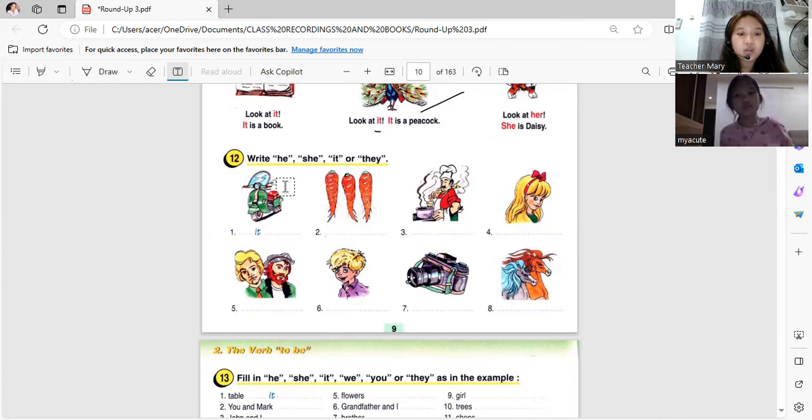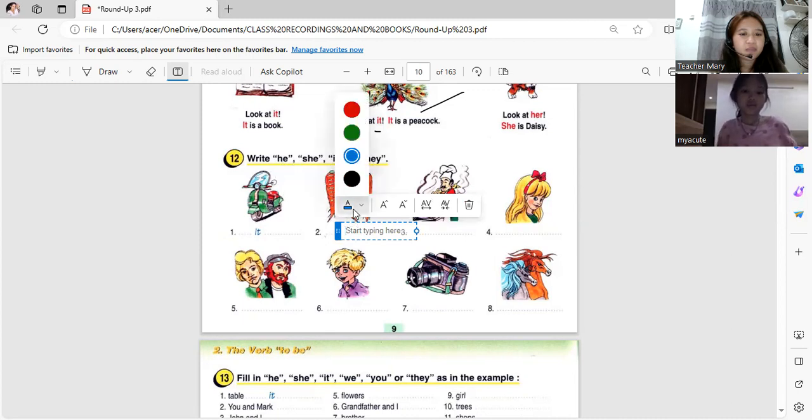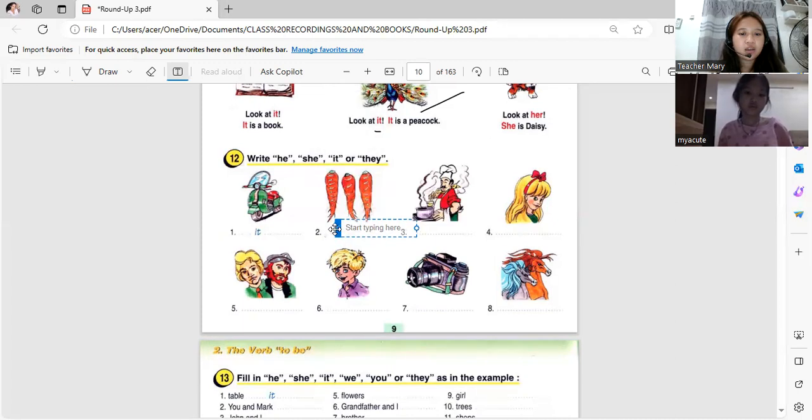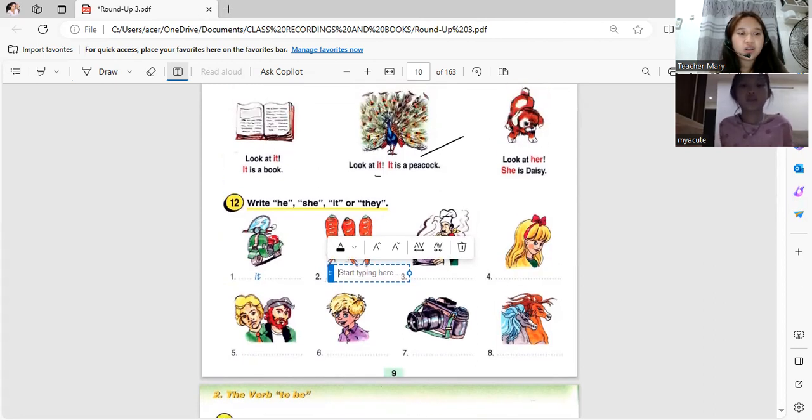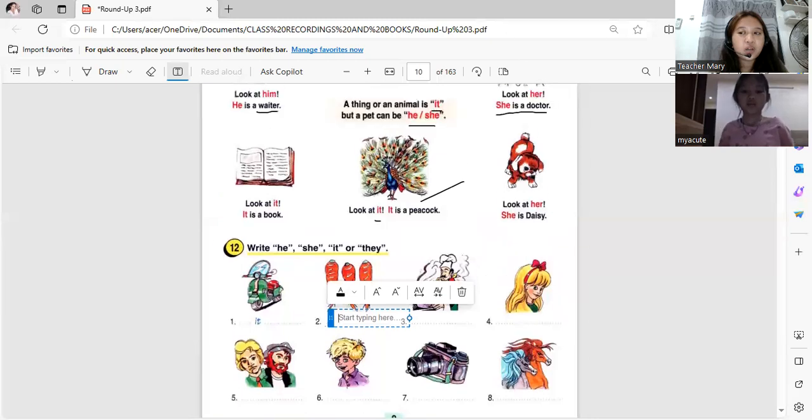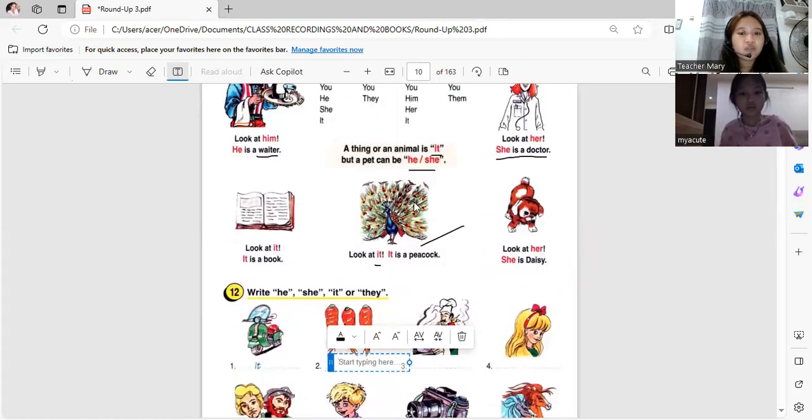So, what will we use? He, she, it, or they? What do you think? What pronoun will we use if it is a thing or an animal?